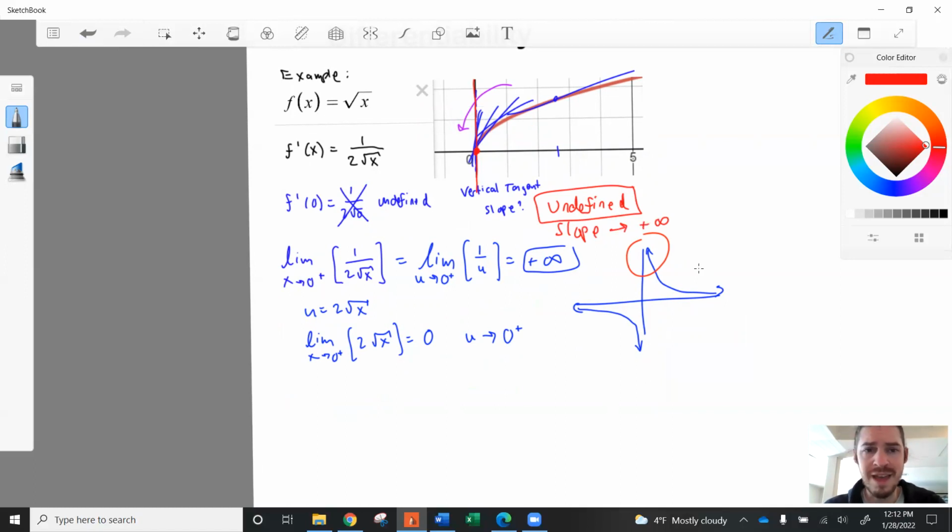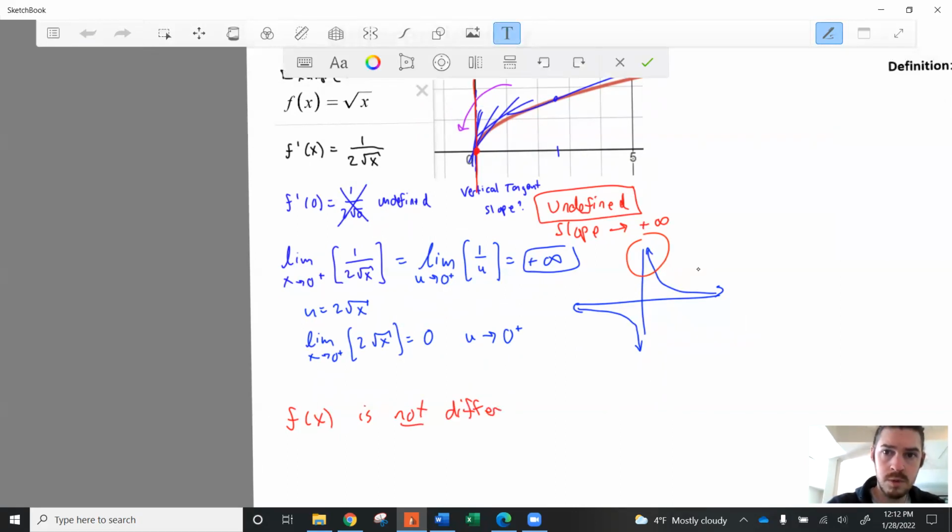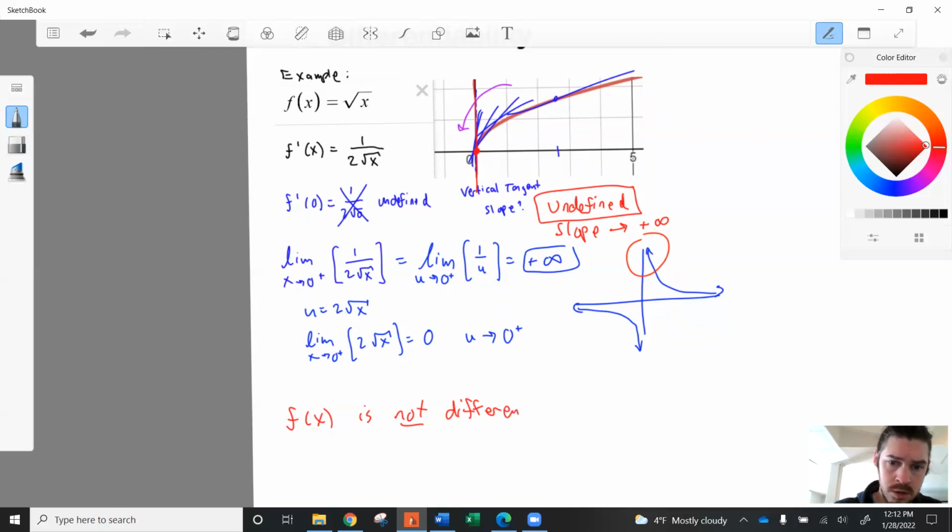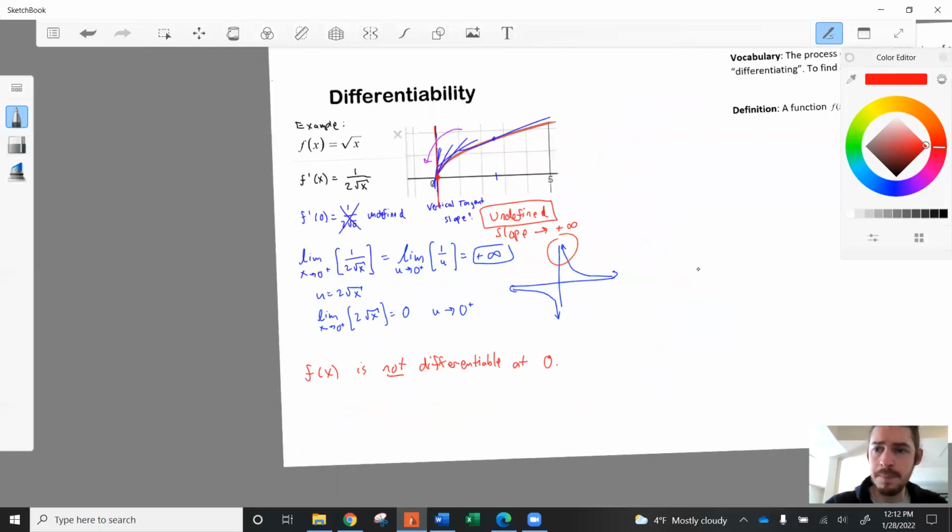Okay, that's what's happening. This is an example of a point where f of x is not differentiable at 0. Okay, so that's that example.